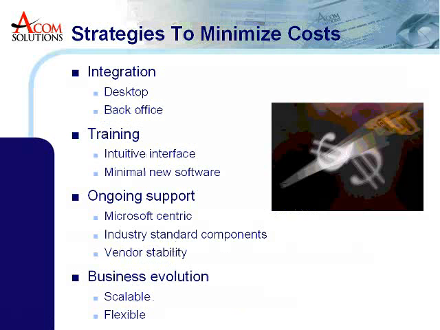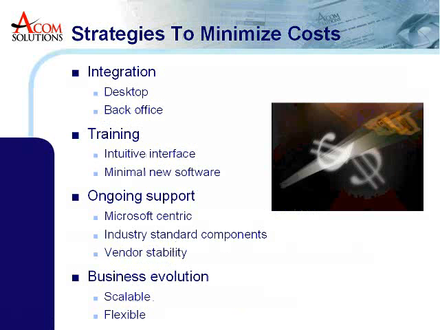Okay, so briefly, some strategies you should consider to minimize your overall costs in putting in the content management system. Certainly integration is a big area. There are systems that integrate very tightly at a desktop level and at a back office level. Certainly having more integration is helpful to improve productivity of a business process, but the more integration you have, the higher the costs and the longer the implementation cycle can take.